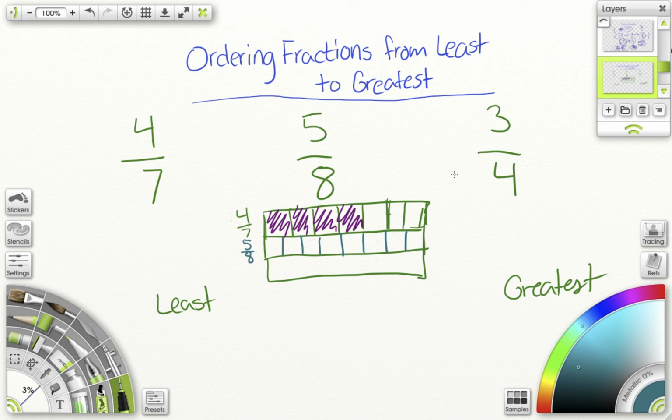Okay, so I have 8 equal slices. Now I color in 5 of them. 1, 2, 3, 4, 5. Oh, see, this is why it's important to make them equal, because it looks like this one is the same size. In actuality, it's a little bit smaller. It'd probably only be going up to about here.